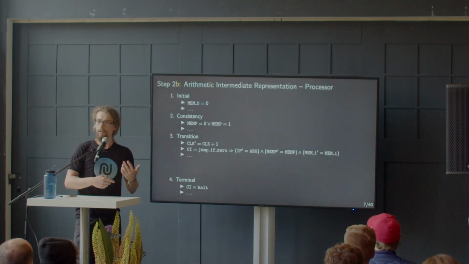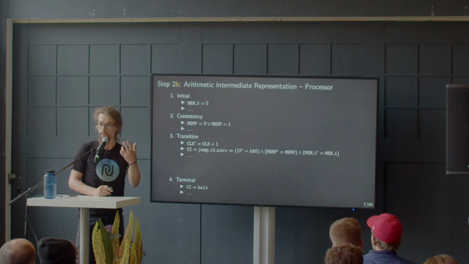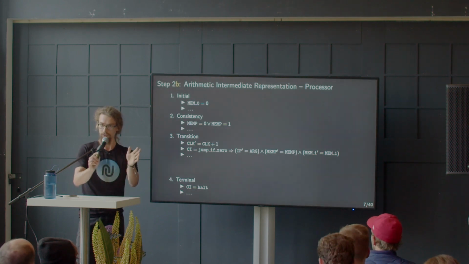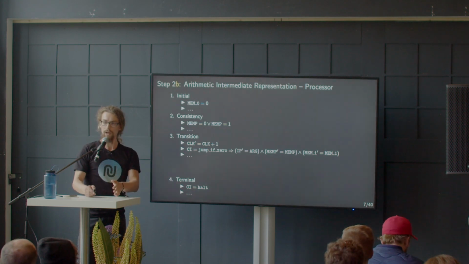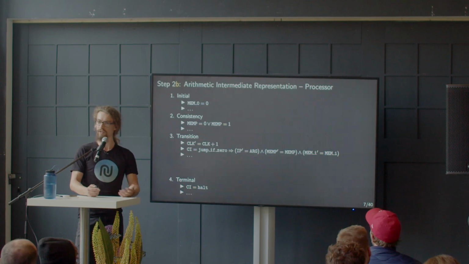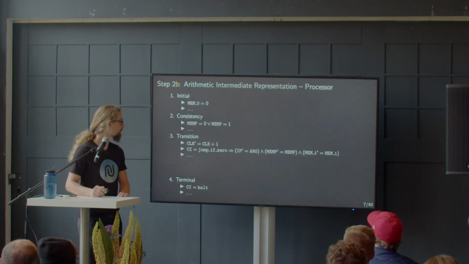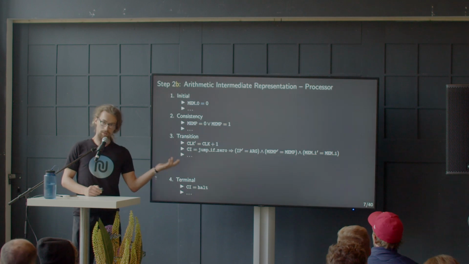And then in my first ZK-VM, what I want is that you can only generate a valid proof if you actually shut down the VM gracefully. So you shouldn't be able to generate a proof if you crashed it, if you just ran out of instructions or anything like that. So the last instruction that you execute has to be halt. That's my requirement.